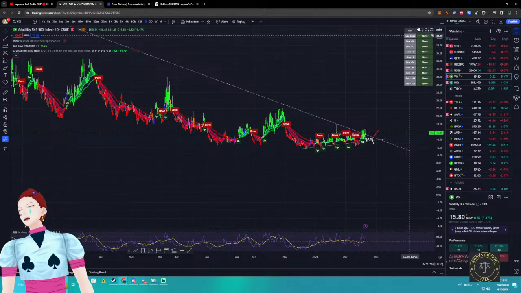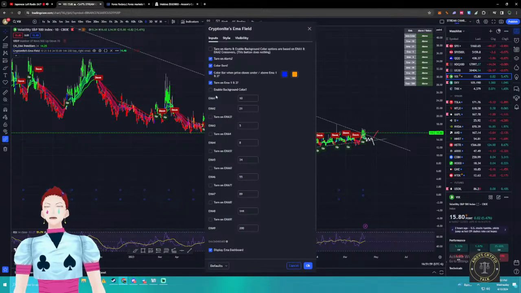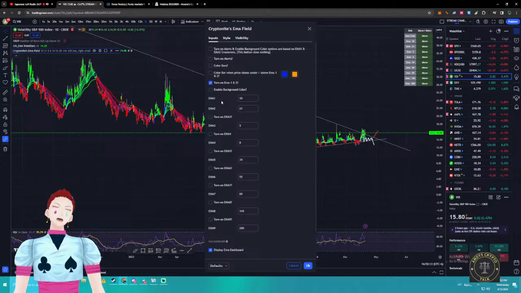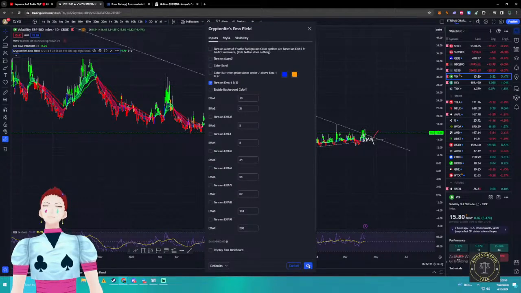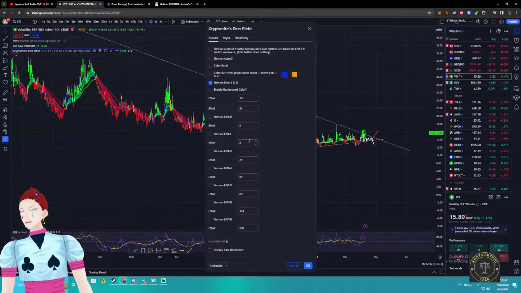Oh, it is this one, but what I've done is I've turned off a bunch of stuff and changed some settings. Let me just get this right here, guys. Don't need any of those ones. We want those orange and blue bars to kind of go away.